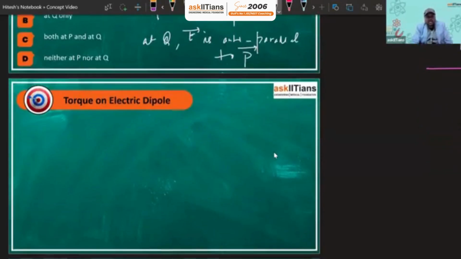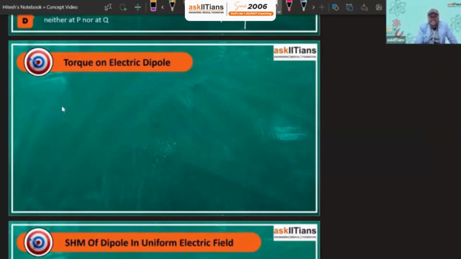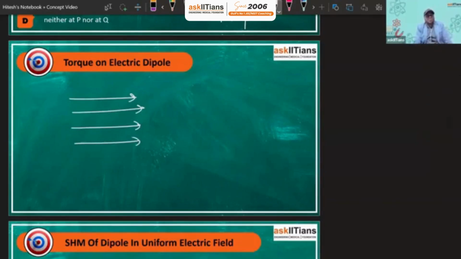All right. And what about the torque on an electric dipole? This concept is related to the case where we have an external electric field. I'll just be summarizing it for now. Let's say I have an electric dipole placed like this, with a positive charge and a negative charge, and this way we have an electric dipole.